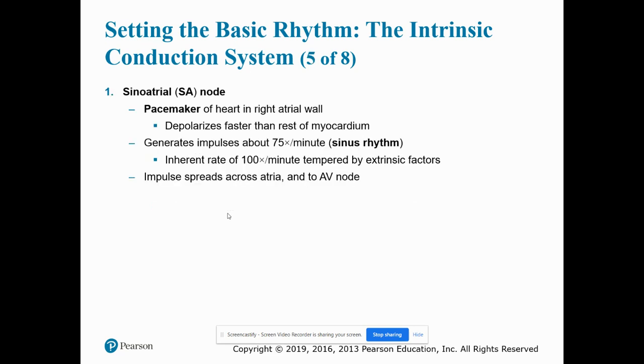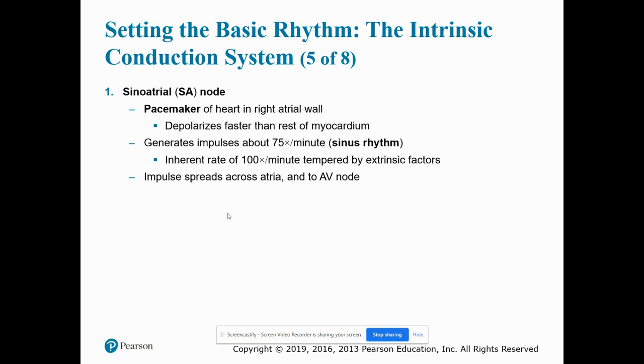The sinoatrial node, or the SA node, is the pacemaker of the heart, and it sits in the right atrial wall. It depolarizes faster than the rest of the myocardium. It actually generates impulses at about 75 times per minute. The inherent rate is 100 times per minute, but it's tempered by extrinsic factors, namely the parasympathetic nervous system.